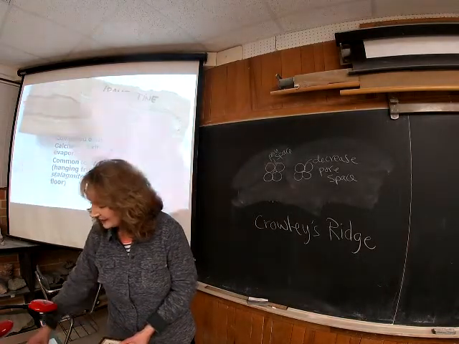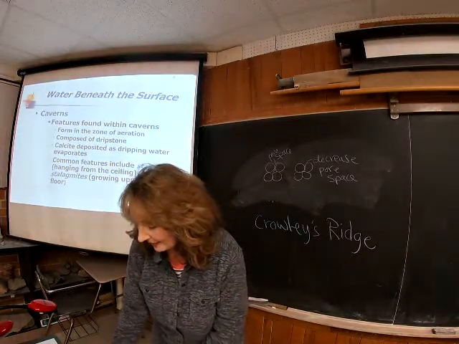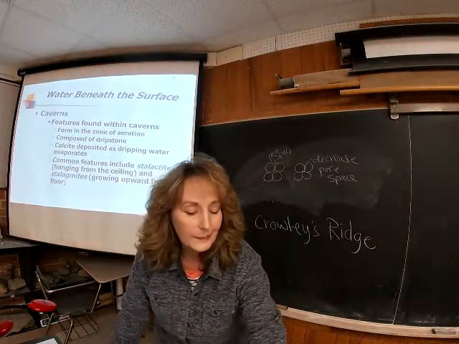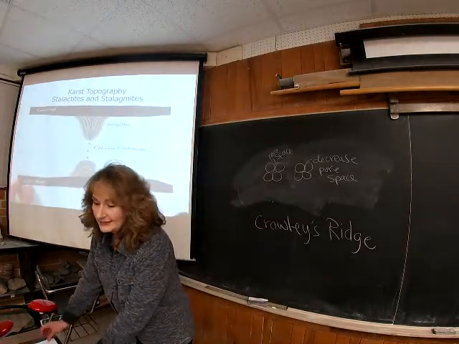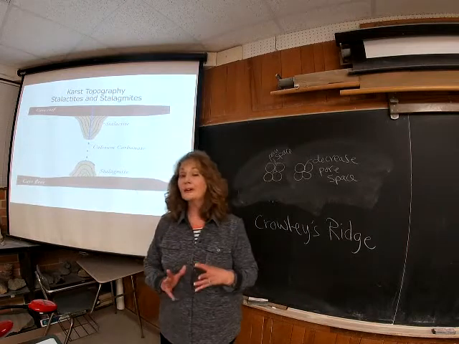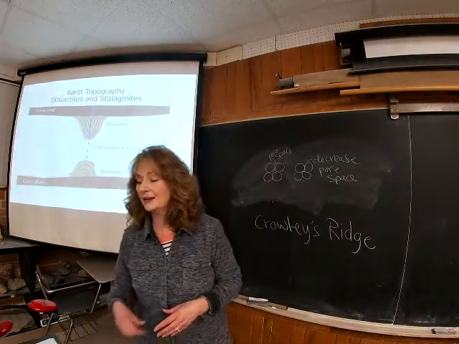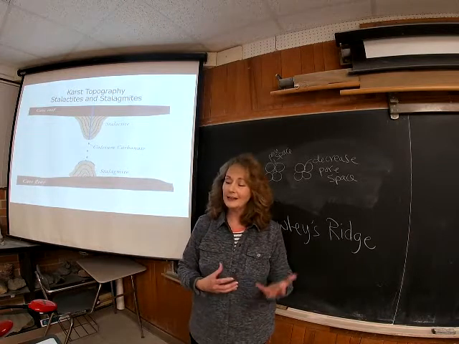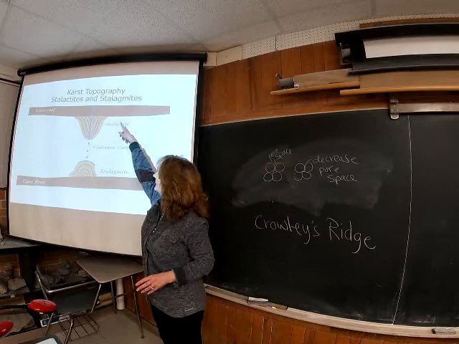But yeah, a stalactite coming from the ceiling. I might have had a diagram for that. And a stalagmite from the bottom. So yeah, this is known as karst topography. I think your PowerPoint will say that here in a minute. But the stalactites are dripping from the ceiling, right, the roof, layer by layer.